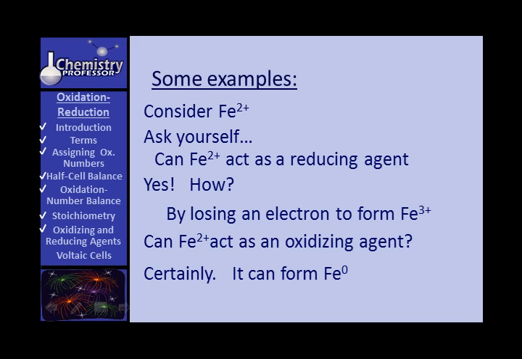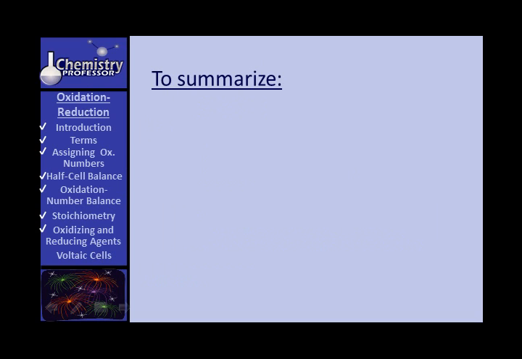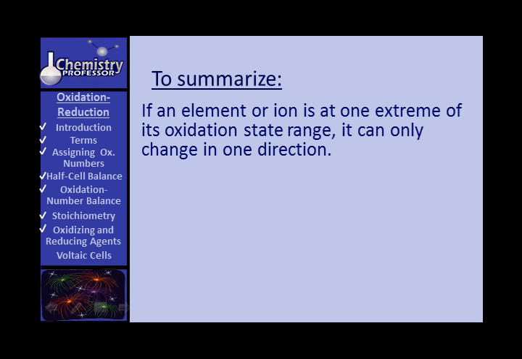Are you beginning to get the idea? Well, we need to look at this in a little bit more extensive way, but this is the beginnings of your process. To summarize this before we go on, if an element or an ion is at one extreme of its oxidation state range, it can only change in one direction.